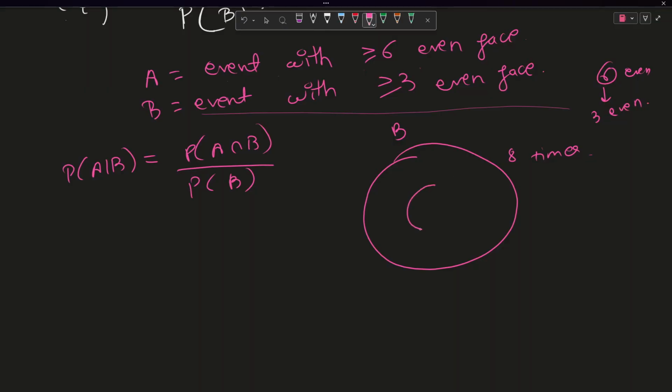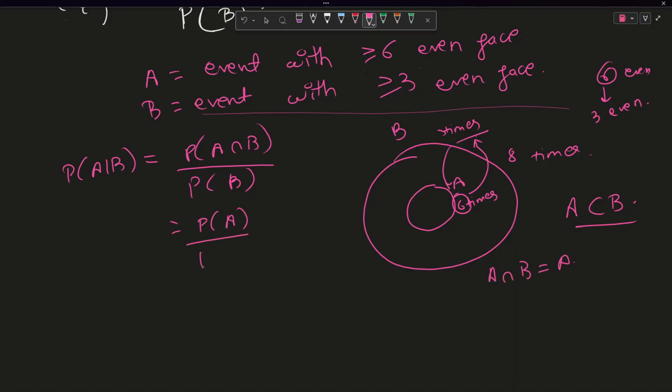So A is actually a subset of B, because 6 includes the 3 times even case, but 3 times even does not include 6. So A is a subset of B, which is easy to see. If A is a subset of B, A intersection B is just A. So this just becomes P(A) upon P(B).